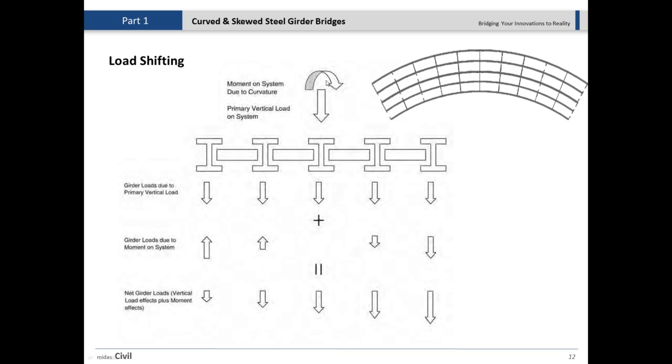But we also have the effect of the bending moments because of the shifting of the axial force and neutral axis of the entire system compared to straight bridges, and therefore we are seeing an additional moment applied on the structure. And as you can see, the resultant or net forces on top of those will be different. So you're technically seeing larger forces in the interior or the bottom part, which is inside, and outside we are seeing smaller forces.